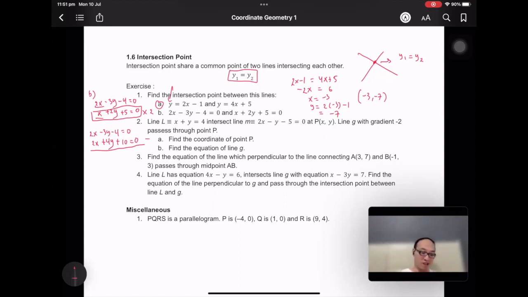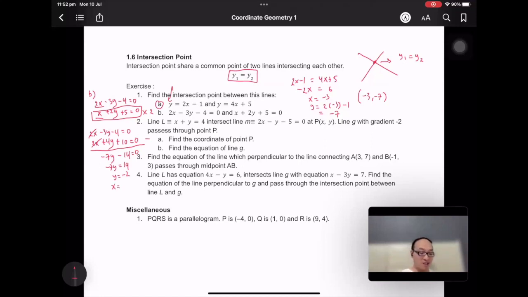So this one will be eliminated. Negative 3y minus 4y is negative 7y. And then negative 4 minus 10 is negative 14 equals to 0. So negative 7y equals to 14, y equals to negative 2.